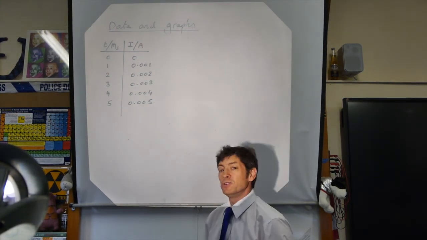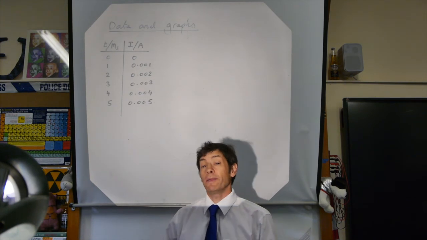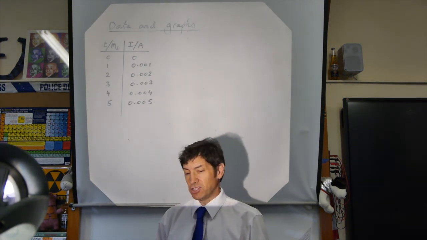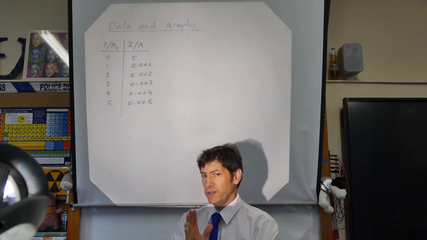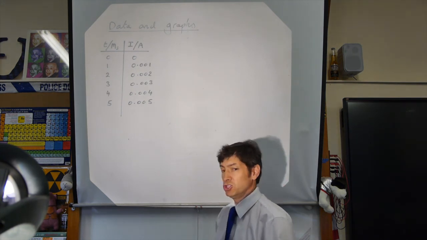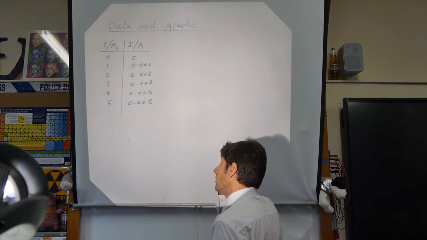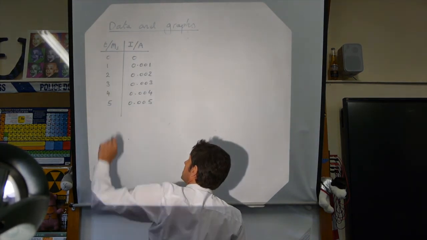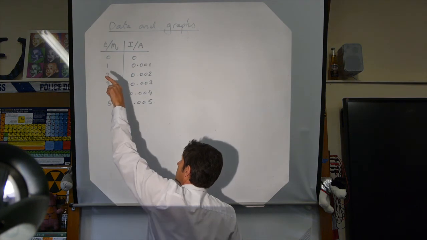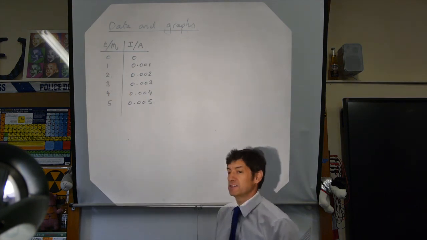And then the time was over a very long time base. I'm suggesting this is a circuit that should keep its current, and the current was drifting slightly over a long period of time, and it shouldn't drift. Okay, so I've measured the time in, can you see the prefix there? Megaseconds. So that's 1 megasecond, 2 megaseconds, 3 megaseconds.